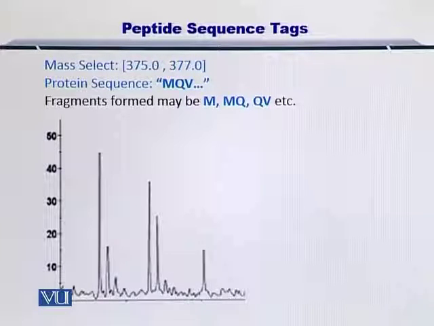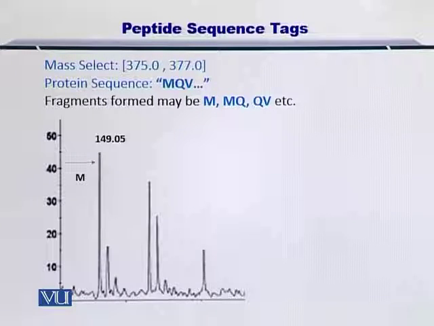This is an MS2 spectrum, and if you look at the different peaks, this is the first peak with a mass of 149.05, and since you know the molecular weight of all the amino acids, you can go back and compare 149.05 with all the amino acids, and you will be happy to know that it is a methionine.